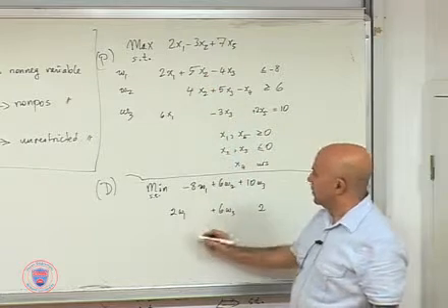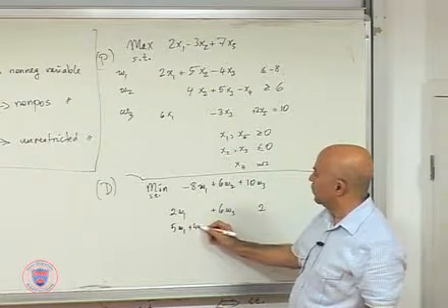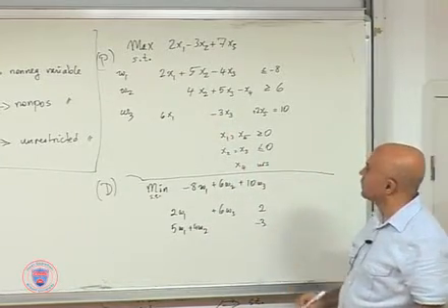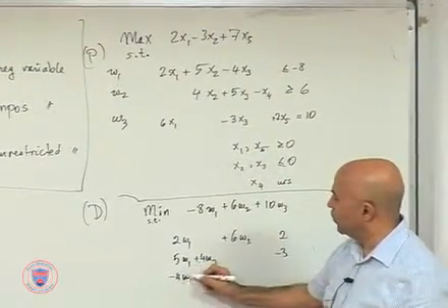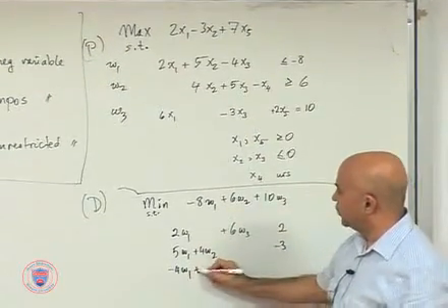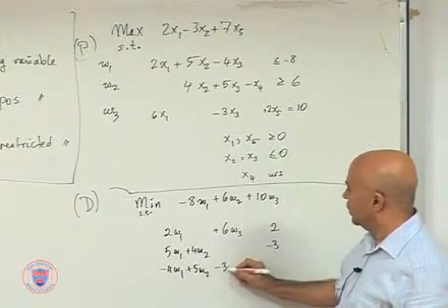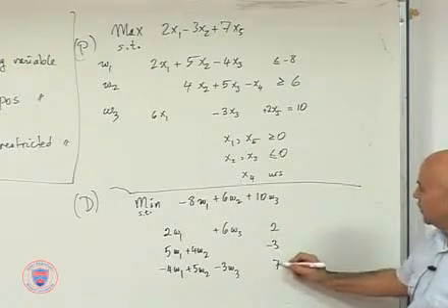The second column gives rise to 5W1 plus 4W2 and minus 3 on the right side. Then minus 4W1 plus 5W2 minus 3W3, right side is 7.